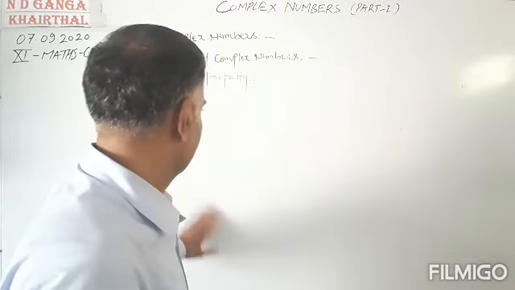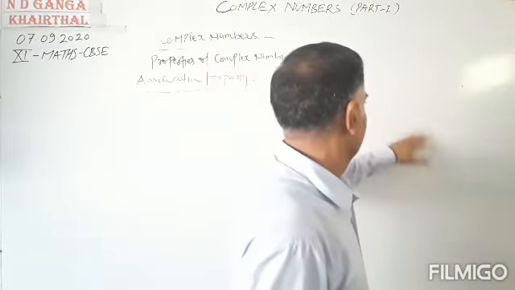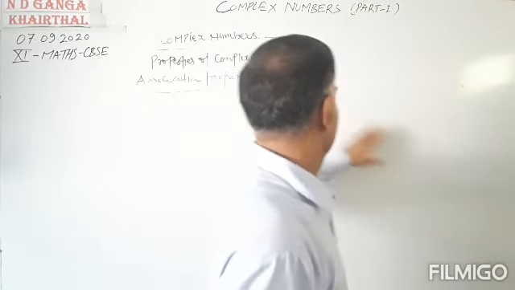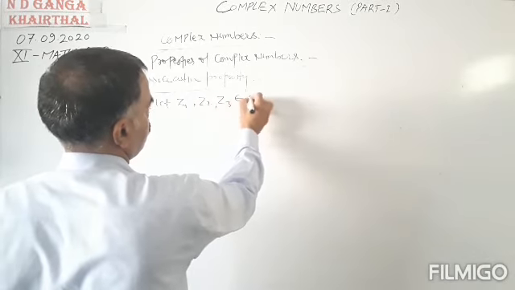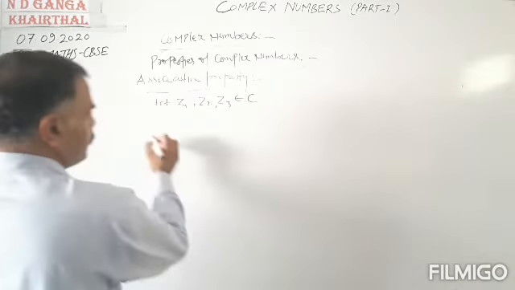Let Z1, Z2 and Z3 belong to the set of complex numbers.